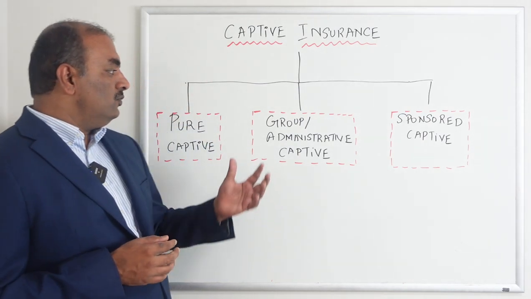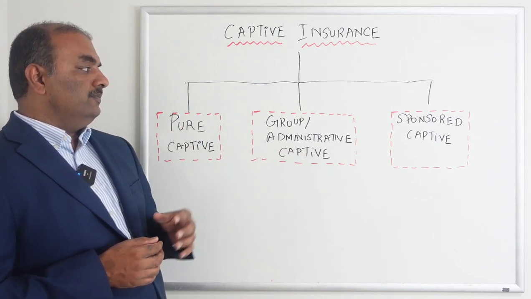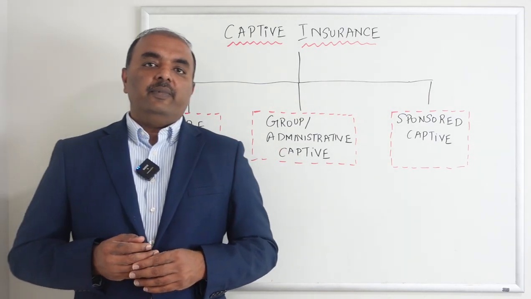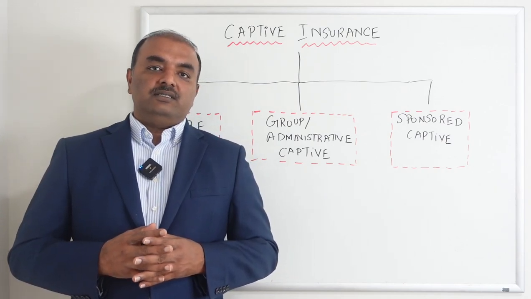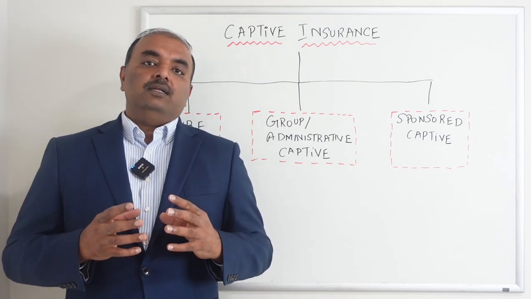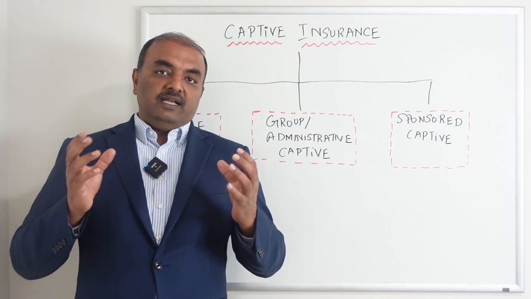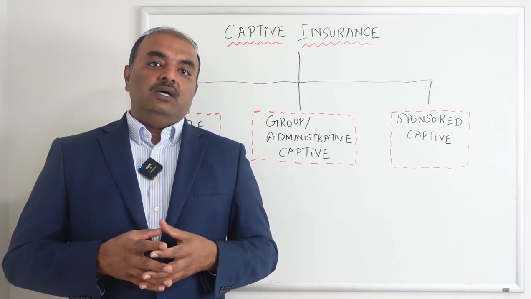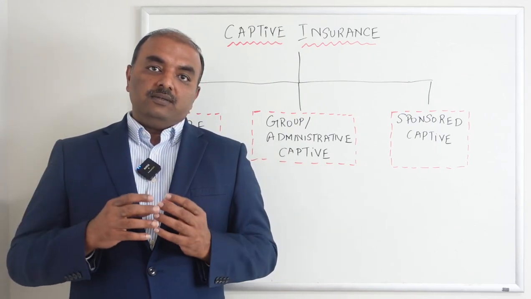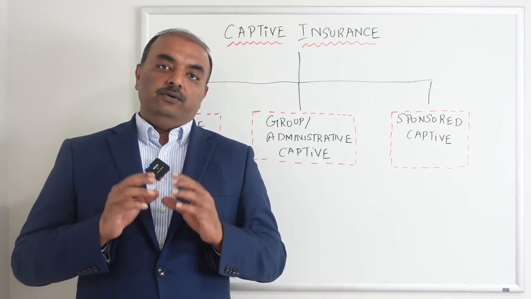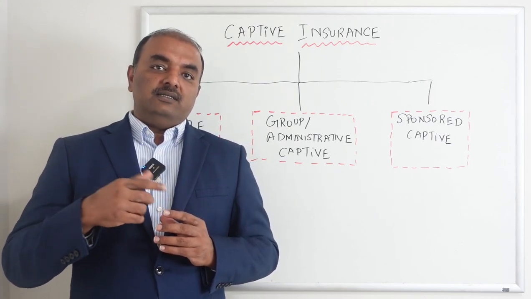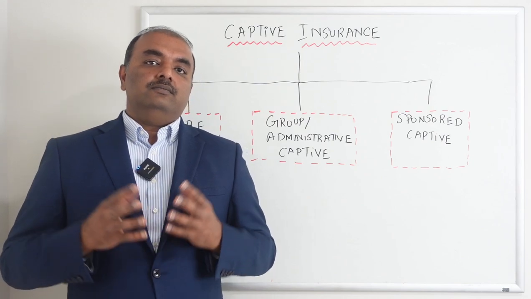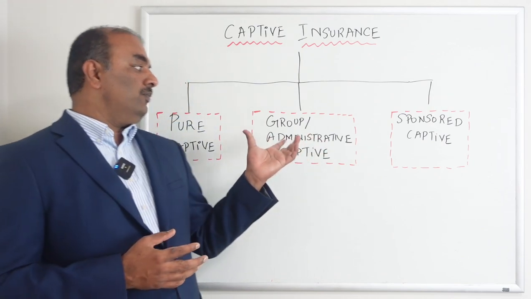The second type is group or administrative captive. Here maybe 5 to 6 organizations can come together because of their similar nature in business, maybe 10 pizza shops can come together and form a group captive, and as a result, if there are any losses to one of the 10 pizza shops, we can pay the claim out of that group captive.